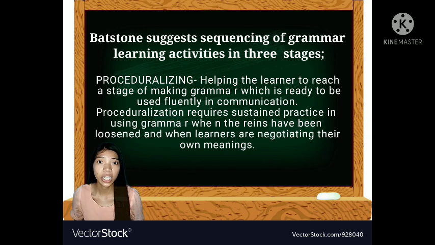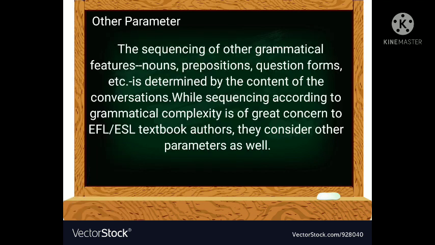Proceduralizing is helping the learners reach a stage where grammar is ready to be used fluently in communication. Proceduralizing requires sustained practice in using grammar when the reins have been loosened and when learners are negotiating their own meanings.